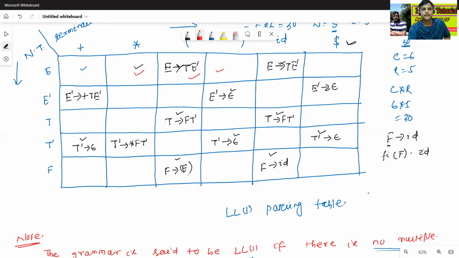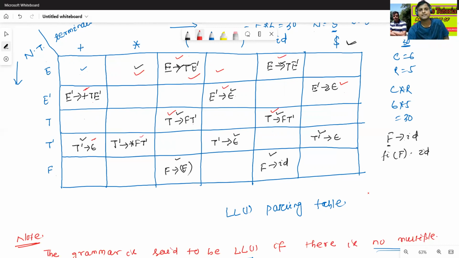So see here, this box contains only one production, this box contains only one production, and similarly every box contains either no production or only one production.